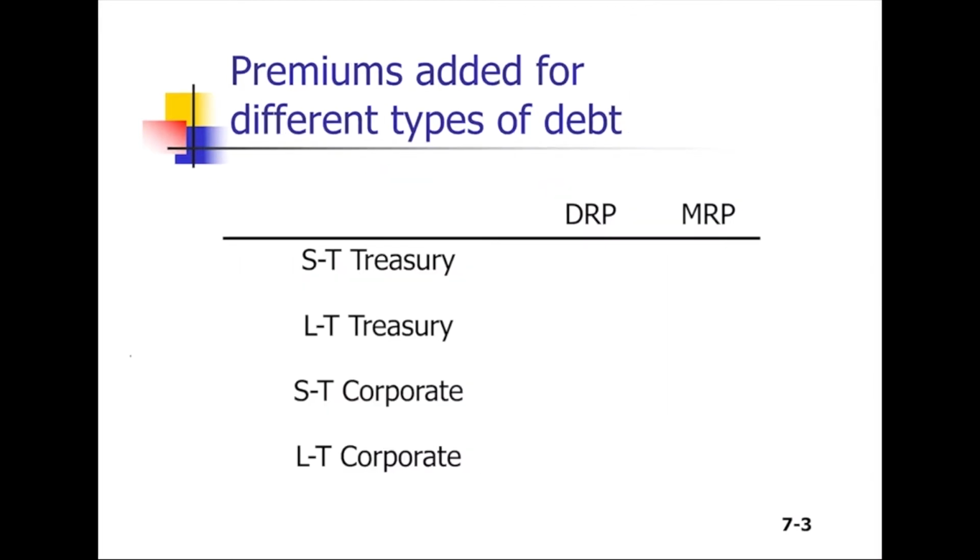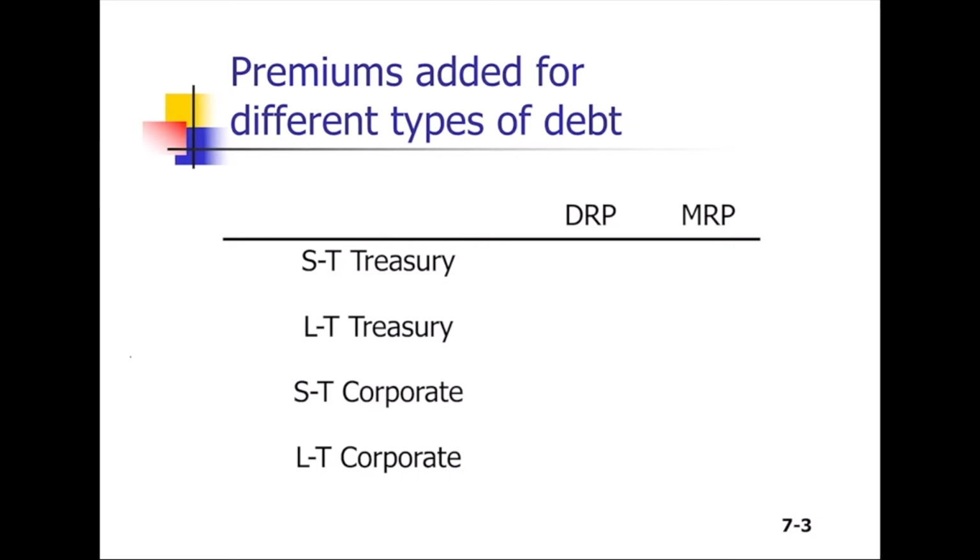This slide shows the premiums for the different types of debt. We have default risk premium and maturity risk premium. And there is the treasury bond, which is issued by the government, and the corporate bond, which is issued by a firm. Which one has more risk?